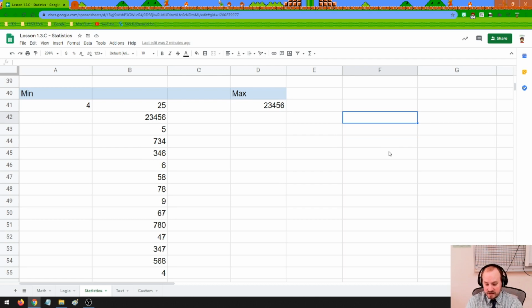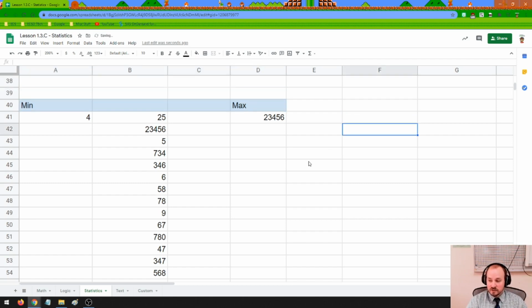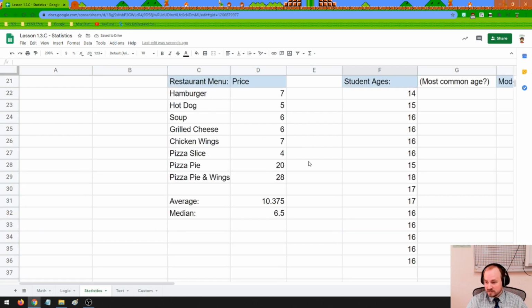For example, if somebody got an 82 and I go 8 and then 2, but I accidentally type the 3 at the same time, if I give a student an 823, that's going to give them like solid 100s for the rest of the course, and it won't be an accurate grade, especially when I meant to make it just an 82. So by looking for the min and max of the grades, I can always see the highest grade and the lowest grade to make sure that I'm giving a proper set of accurate grades to my students.